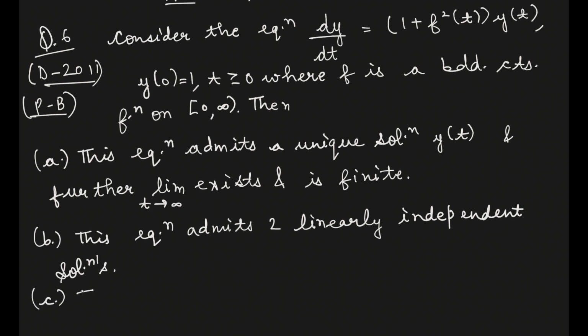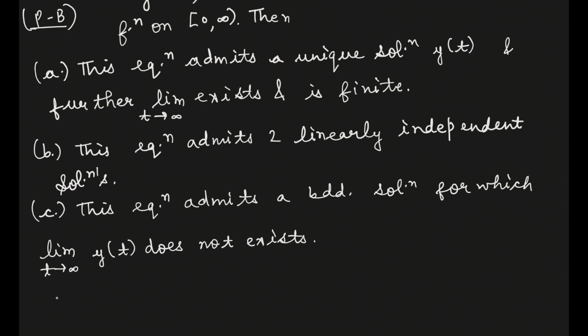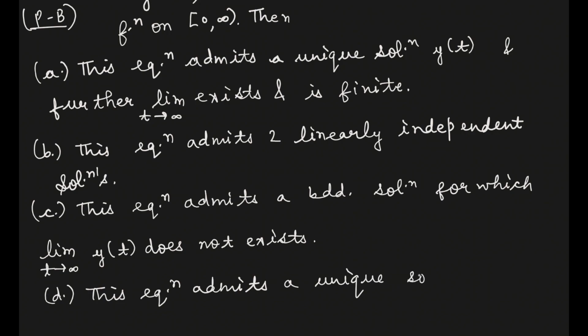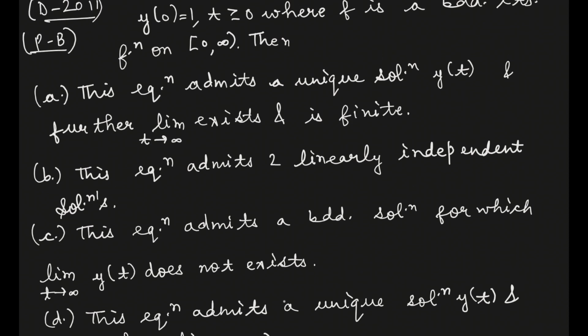Option C: the last option is this equation admits a unique solution and further limit t tends to infinity, yt is equal to infinity. Try this question.